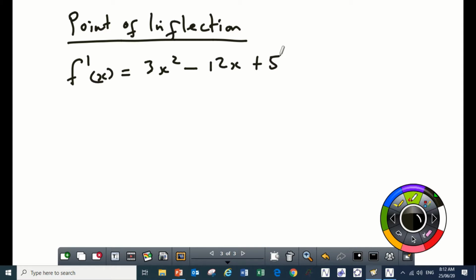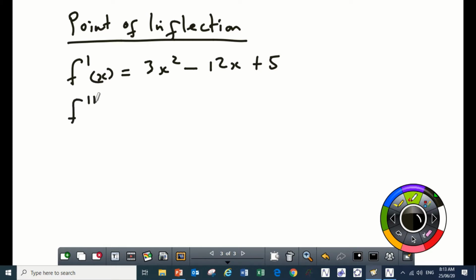Okay, by the way, remember, the first derivative of a cubic function is also a function. It's a quadratic function, which means you can sketch it. Okay? This f prime of x is the same as y. So you can also sketch the graph of the first derivative of a cubic function. You can sketch it. Alright?